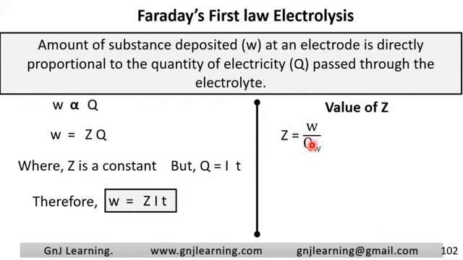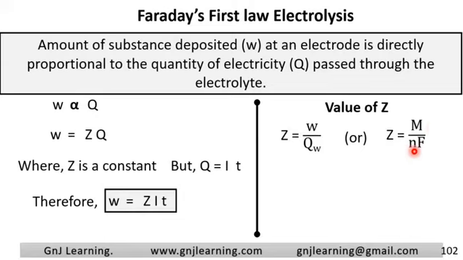Q is the amount of charge that is supplied through the electrolyte that results in the deposition of W gram of mass. So Z is equal to W divided by Q, or we can write it like this: Z is equal to molar mass divided by N into F.